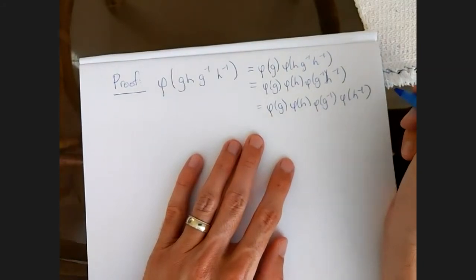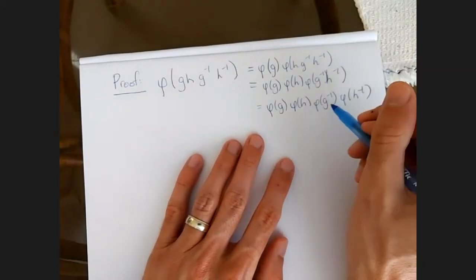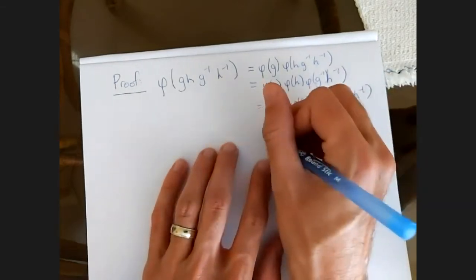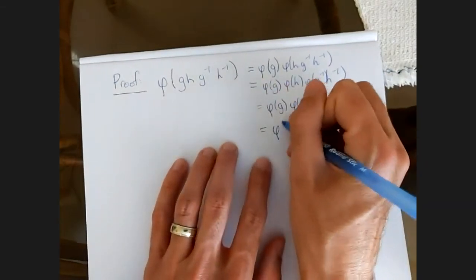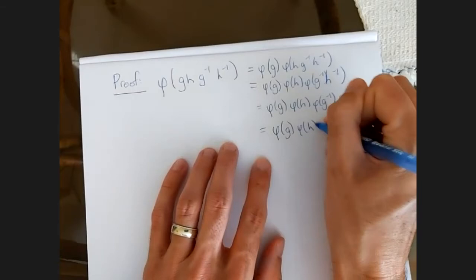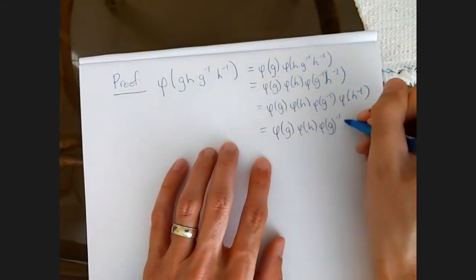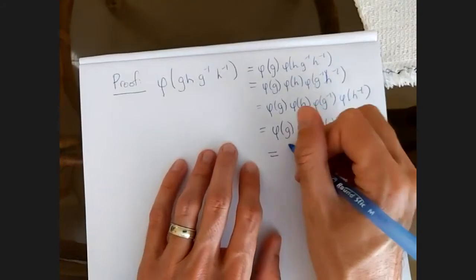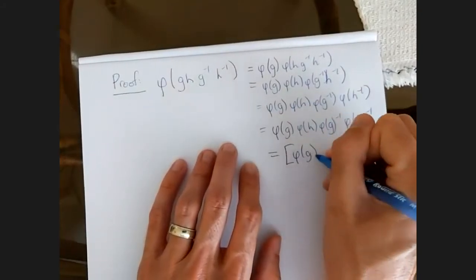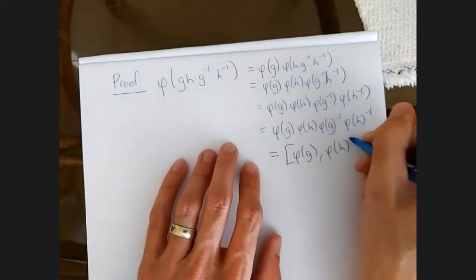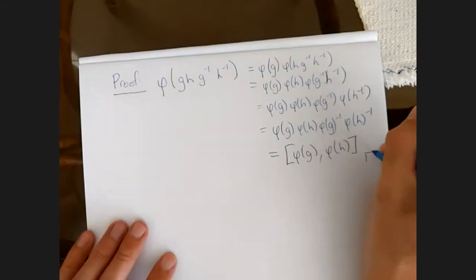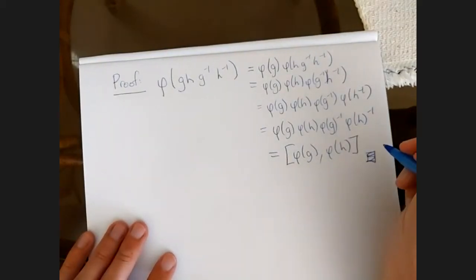And then also, it turns out that phi of G inverse is just phi of G, inverse. The same for H. And finally, this is just the definition of the commutator of phi of G with phi of H. Okay, so that proves the proposition, and the proposition tells us that the commutator subgroup is a normal subgroup.